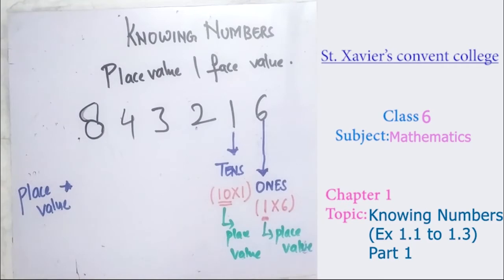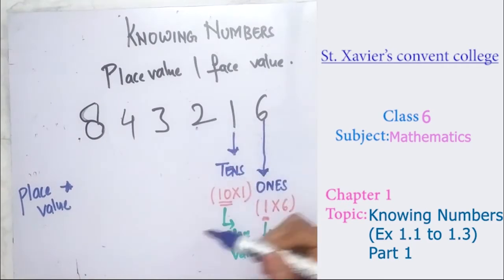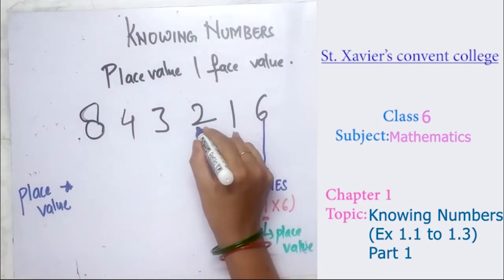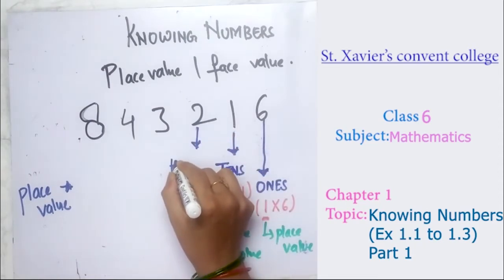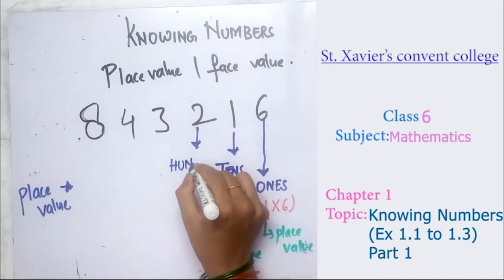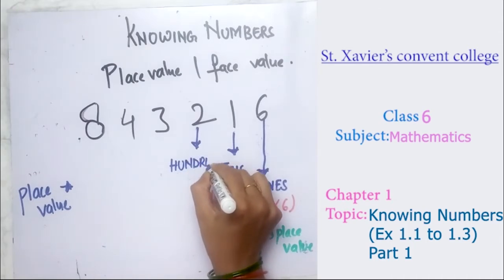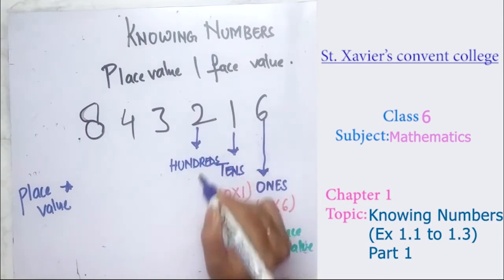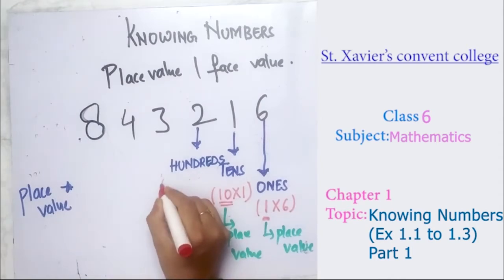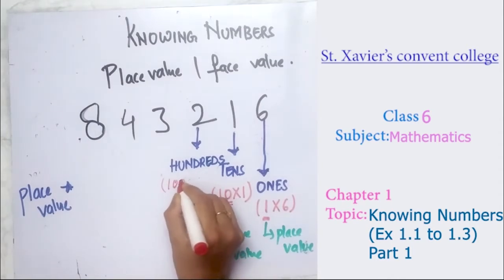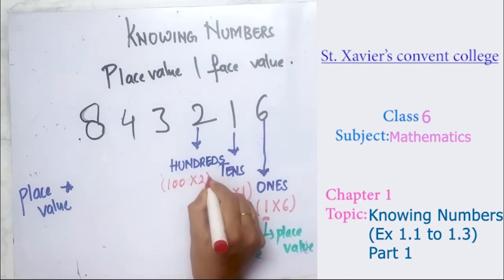Now the 2 stands for the hundreds. So 2 stands for the position of hundreds. When you are talking about the hundreds, it means 100 into 2.